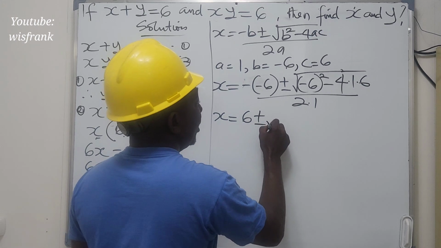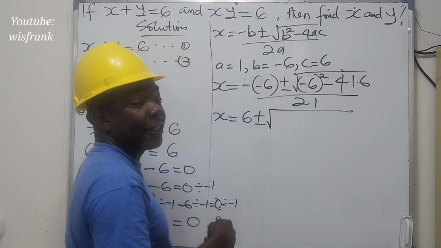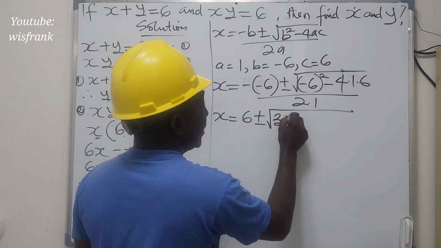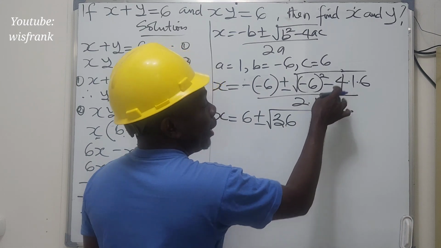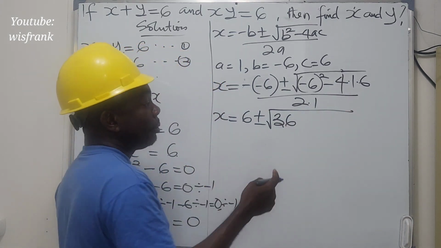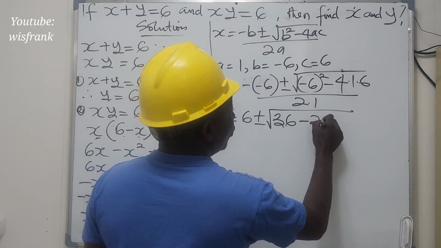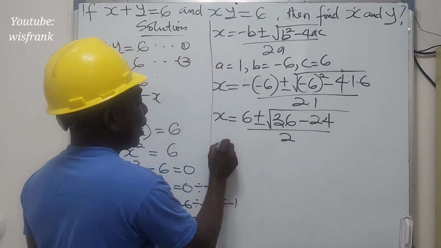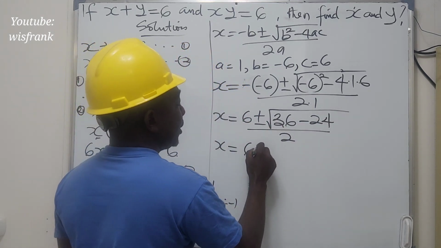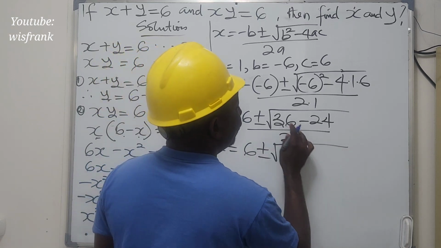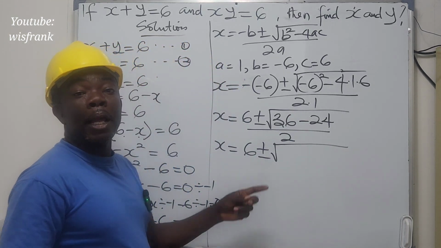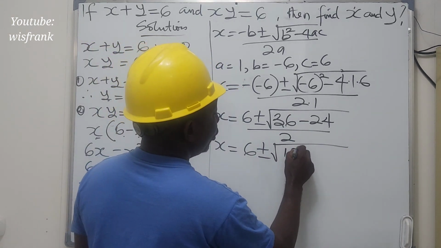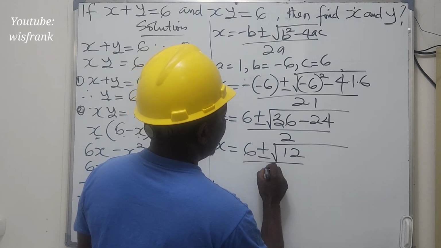Then we have plus or minus the square root of minus 6 to the power of 2, which is 36. Then minus 4 times 1 times 6 will give us minus 24, all over 2. So x equals 6 plus or minus the square root of 36 minus 24, which gives us 12, all over 2.